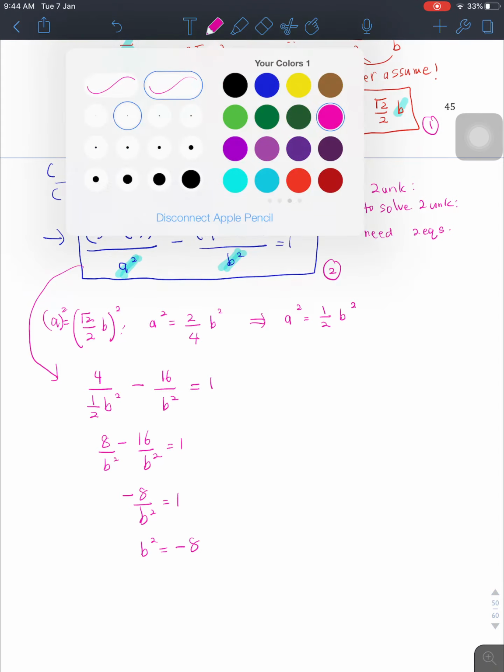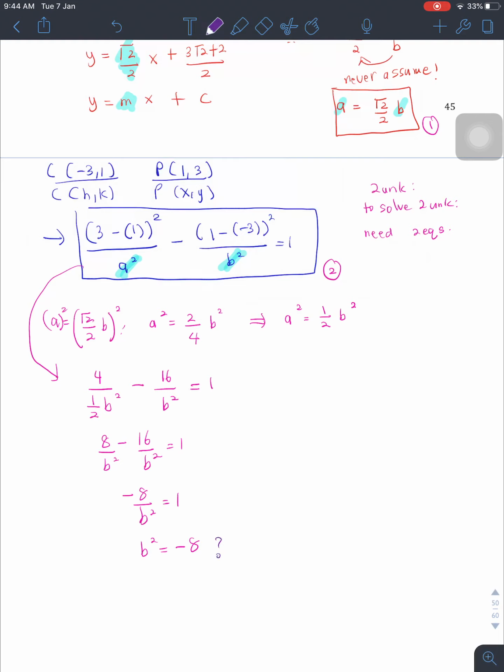Now, question. Can a squared number be negative? You cannot. Since this is not possible, this one should be rejected.